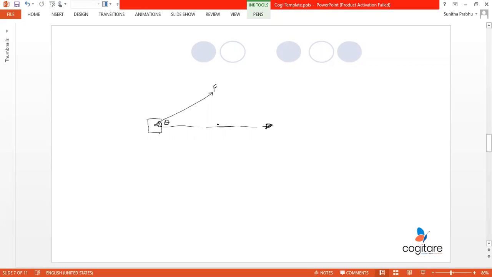If I know the displacement, how much distance the body traveled under the influence of this force in the x direction, let's say some 5 meters, 10 meters, whatever, what will be the work done now? Assume F is equal to 10.